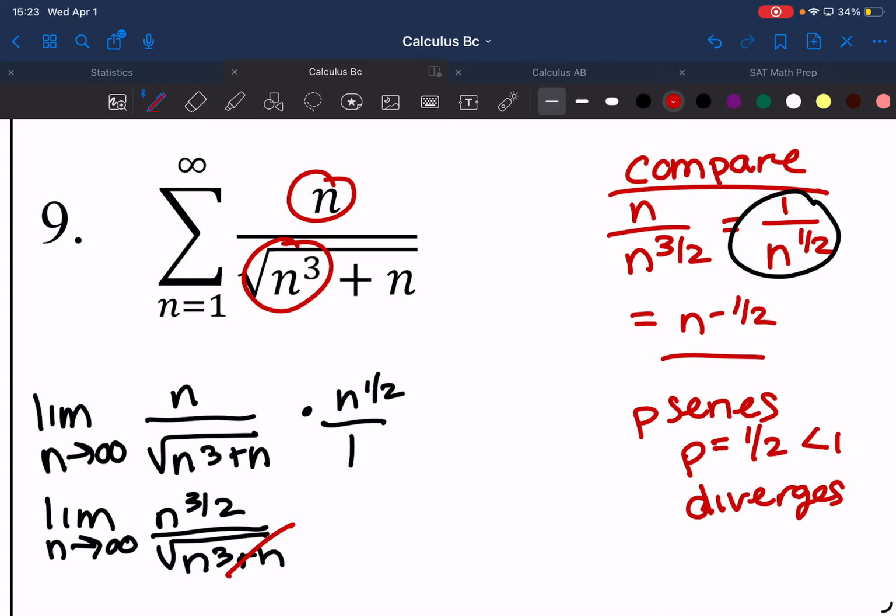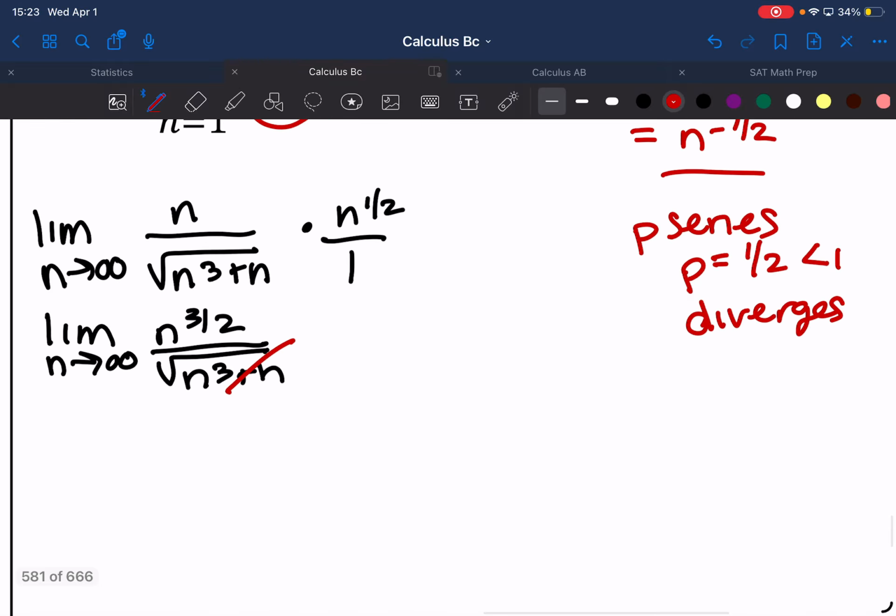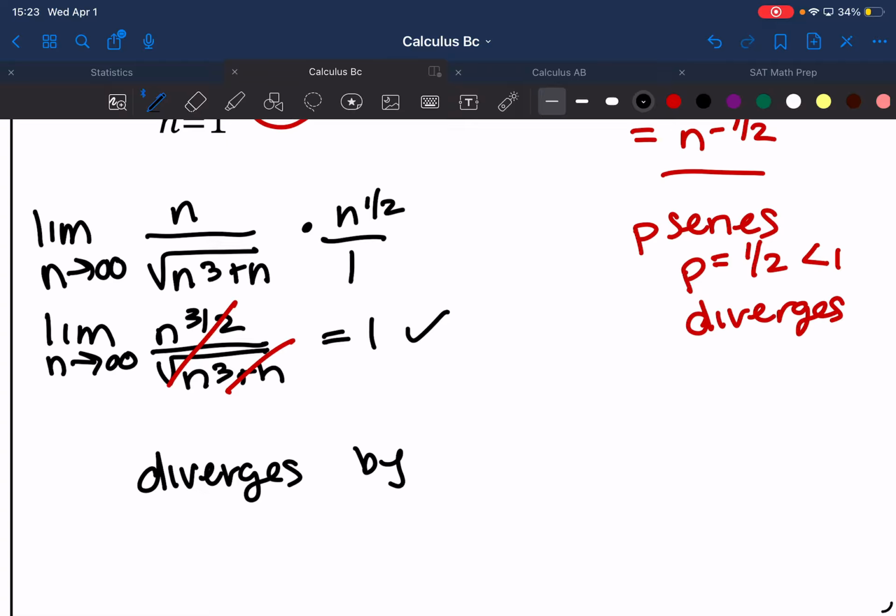That plus n on the end is not going to do anything because we already have the square root of n cubed. And know that the square root of n cubed is the same as n to the 3/2 power. So those cancel out and we are left with 1. Is 1 positive? So we can say that the series diverges by limit comparison.